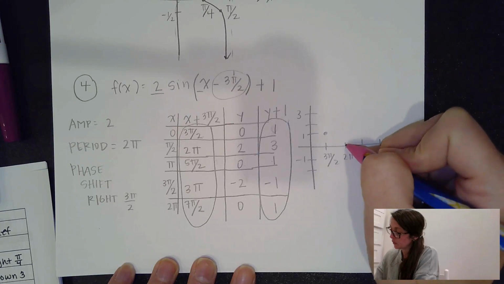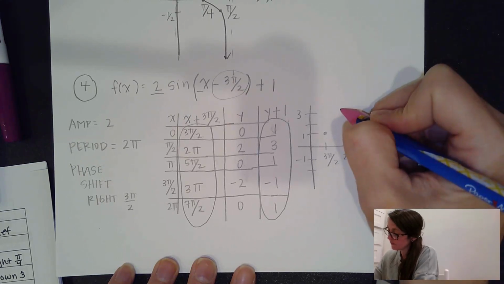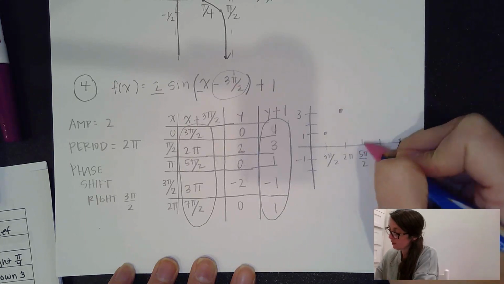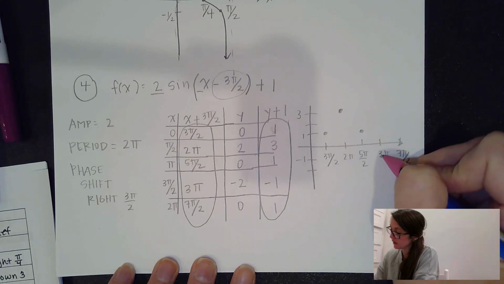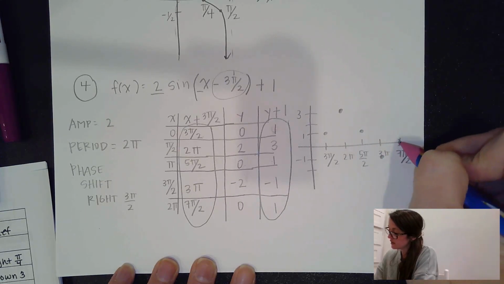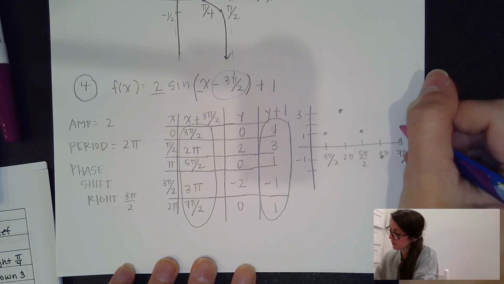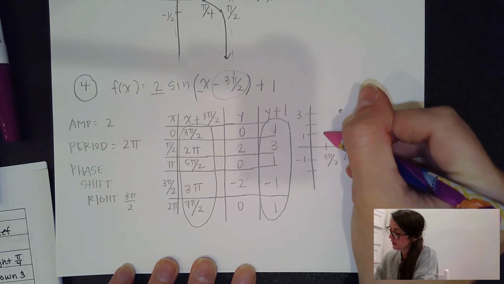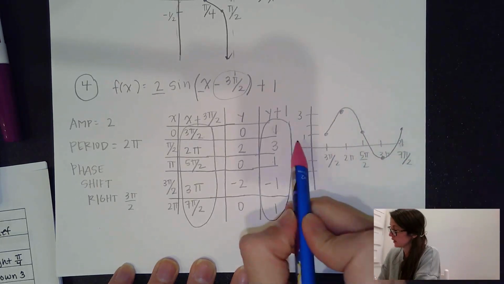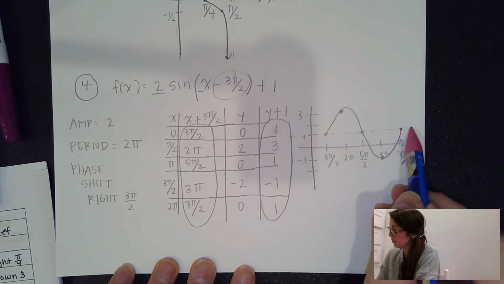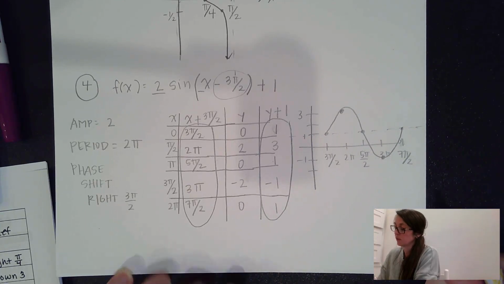At 2 pi, I'm going to be up at a 3. At 5 pi over 2, I'm going to be back at 1. At 3 pi, I'm going to be down here at -1. And then at 7 pi over 2, I'm going to be back up at 1. So this graph is your normal sine curve, but it is shifted up 1 unit on the y.